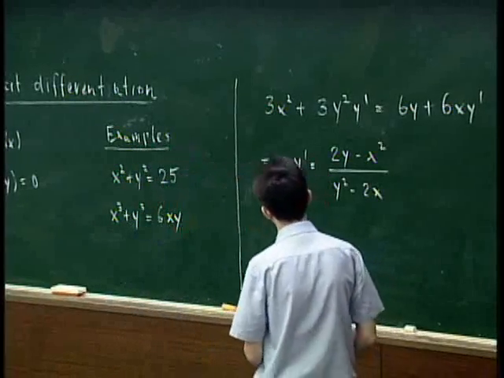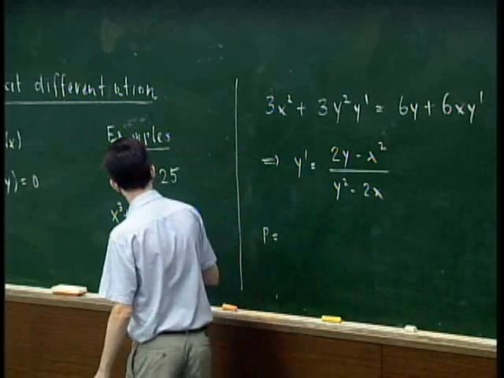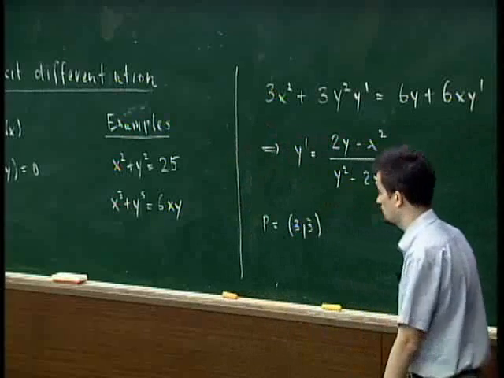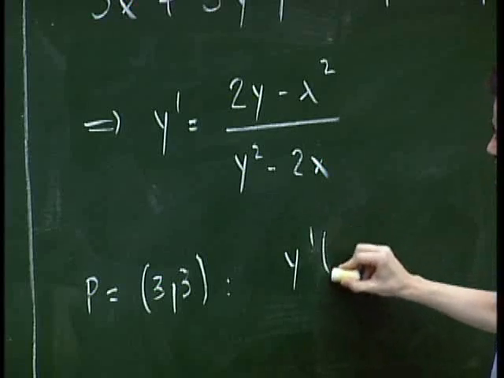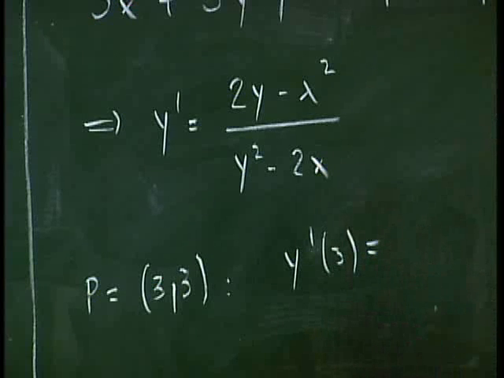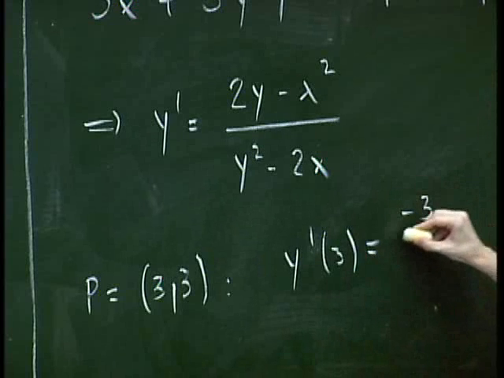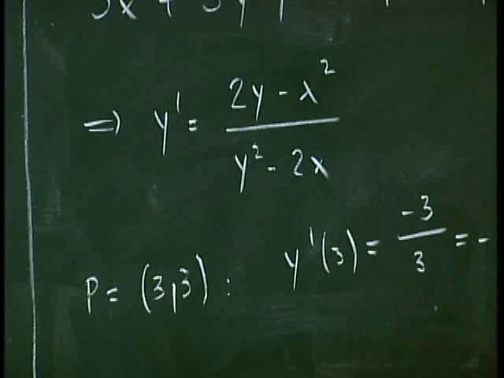Now, if we again choose some point, let's say a point which lies on this curve, you easily check 3, 3. Just by using this expression, the derivative at 3 is equal to 6 minus 9, which is minus 3, over the same plus 3, so you have minus 1.